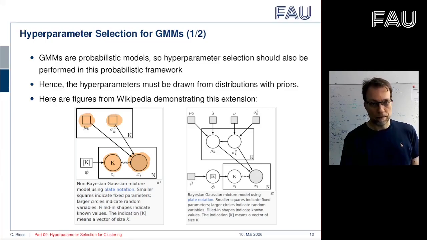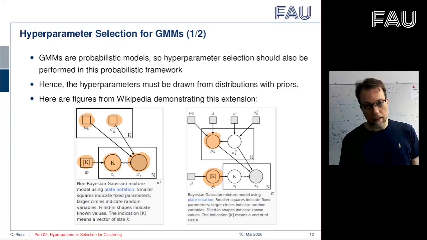And the K is something that is given before, for example. So we can say, well, let's extend this. So this means K is a random variable.